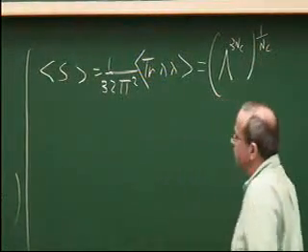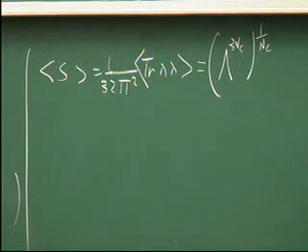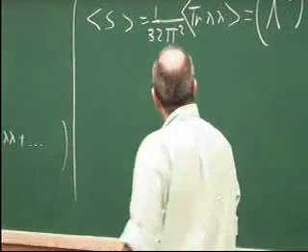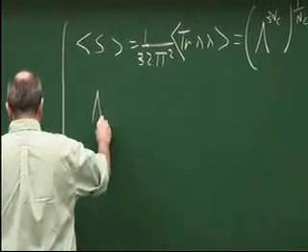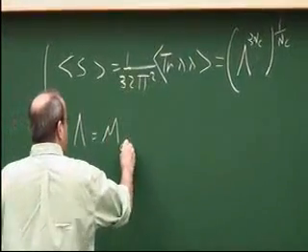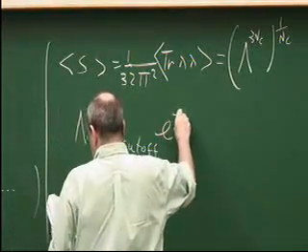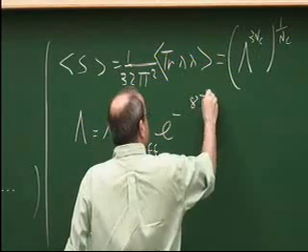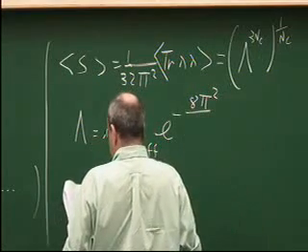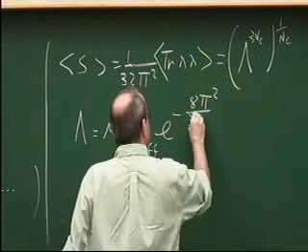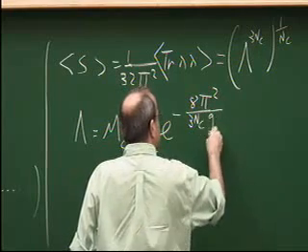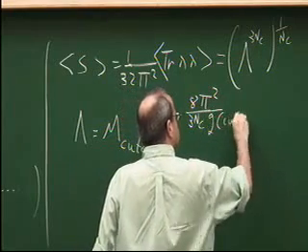On dimensional grounds, it has to be the scale to the third power, because this is dimension 3. So this Lambda is like Lambda QCD, 300 MeV or so. And if you formulate the theory with the cutoff, then Lambda is the cutoff scale, e to the minus 8 pi squared over 3 N_c g squared at the cutoff.